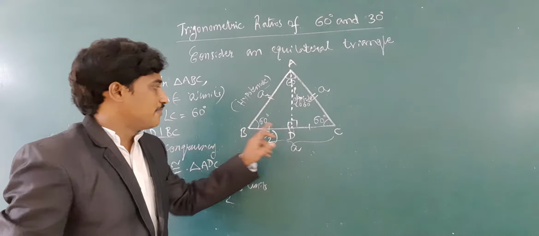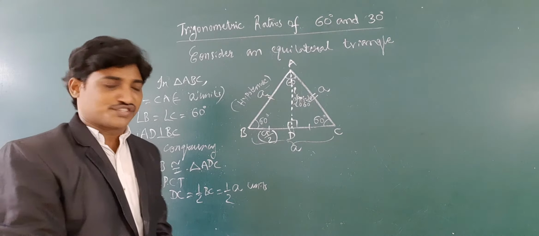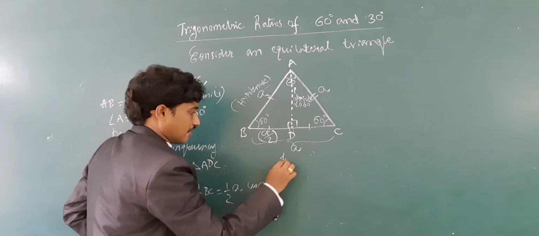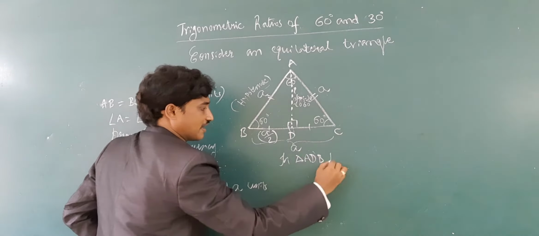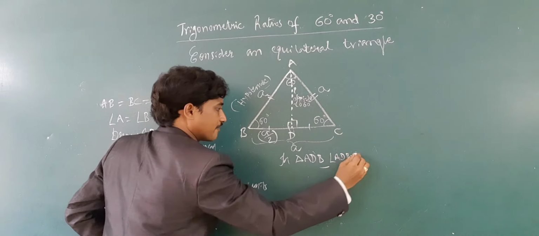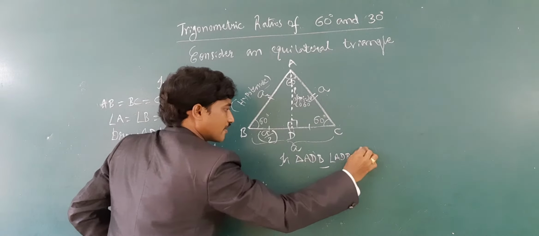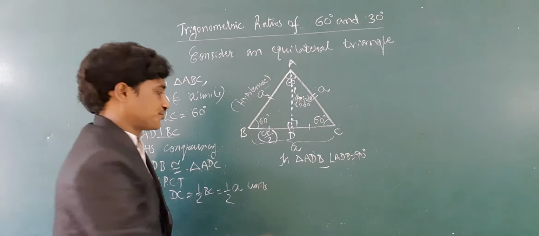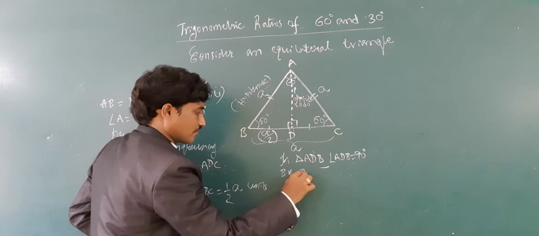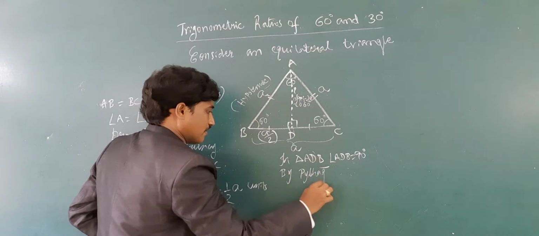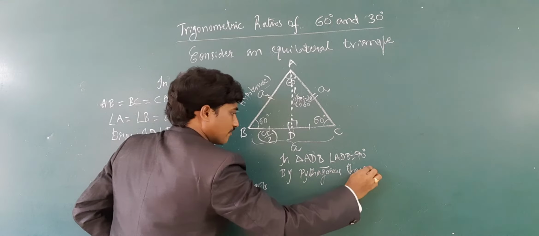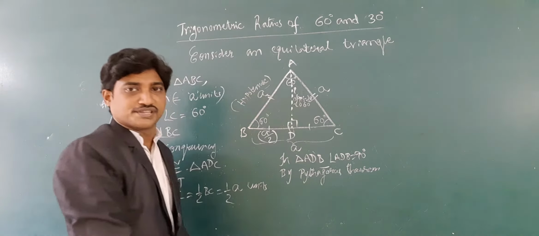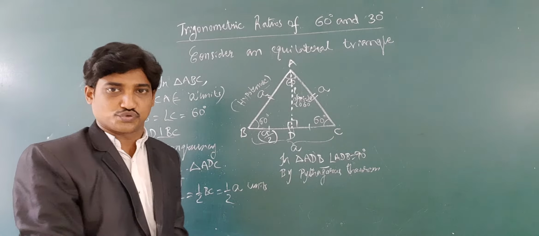In triangle ADB, we can apply the Pythagoras theorem, since angle ADB is 90 degrees. The Pythagoras theorem says that in a right angle triangle, the square of the hypotenuse is equal to the sum of the squares of the other two sides.